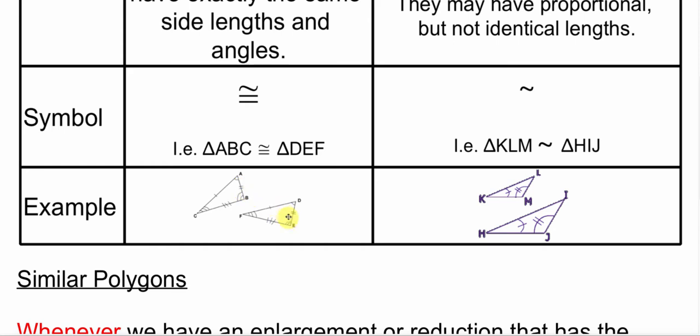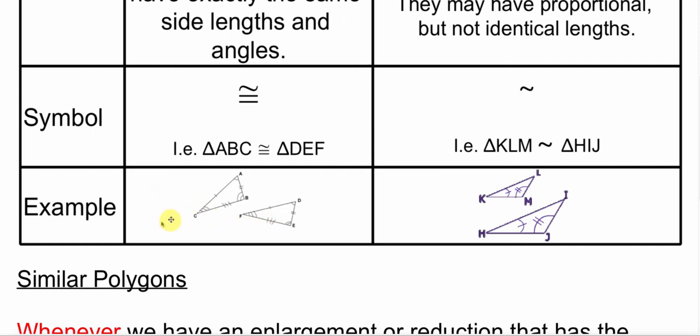Now I'm going to look at side DE and side AB. Side AB has two ticks, side DE has two ticks, which means both of these sides are going to be the same. They're the same side length. Now we look at side FE and side CB. These two sides are also corresponding because they're between the same angles, and they both have three ticks, so they're also equal.